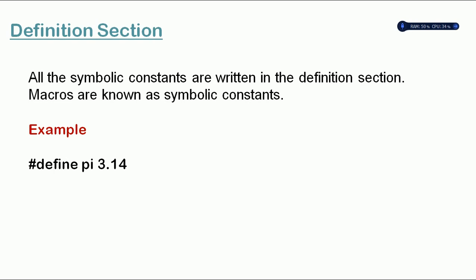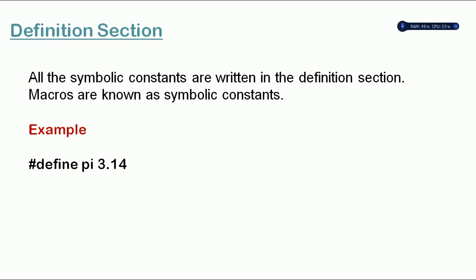You can observe your keyboard; it doesn't have any special symbols available for you, like pi. And this symbolic constant will be the same. You can take that value at any place. The value is the same. Suppose you want to take some root value, the square root of some value, which is the same anywhere. Such types of symbolic constants you can define in this section.